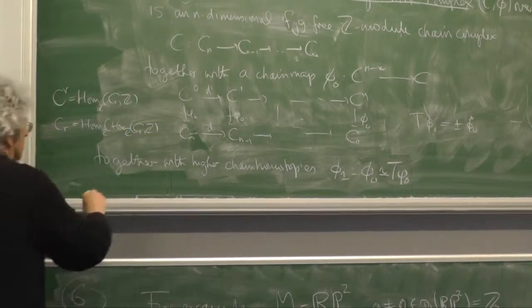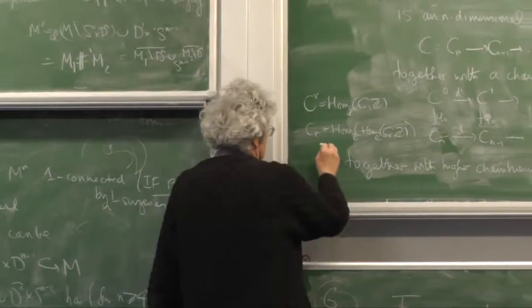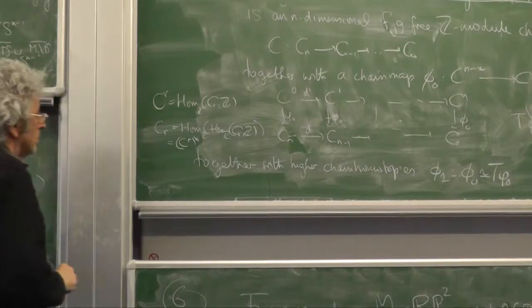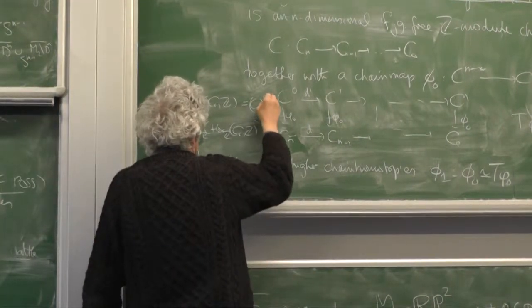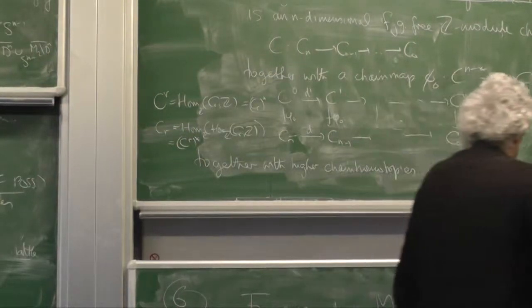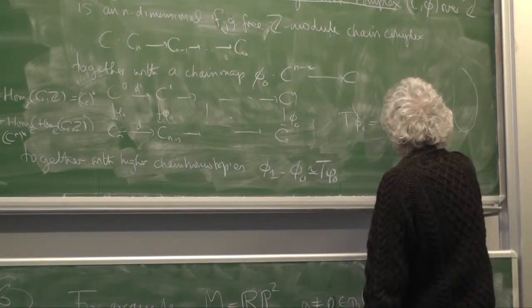If I take the dual of this, I get back that. And there's a natural, so this is CR star, or this can also be called C lower R star.